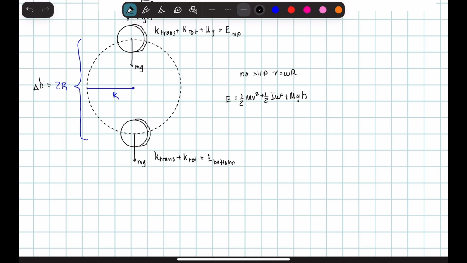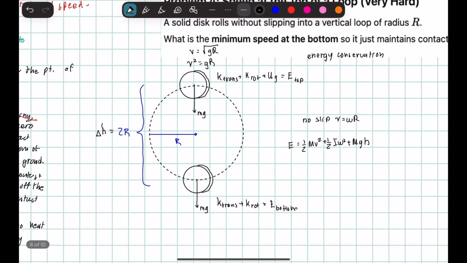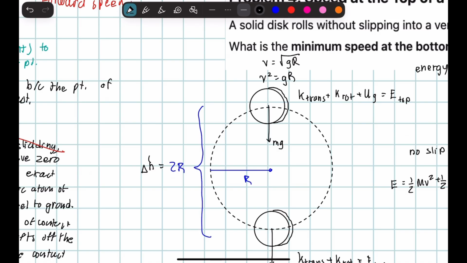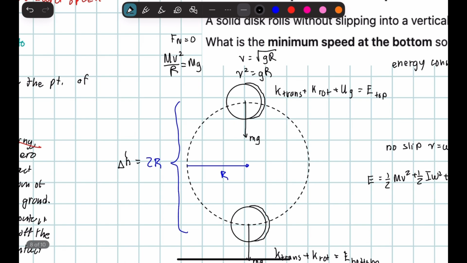Now the way that the speed at the top was derived is that you had mv squared over r, because Fn is equal to 0, is equal to mg, and that gives us v squared is equal to gr, because m cancels out.